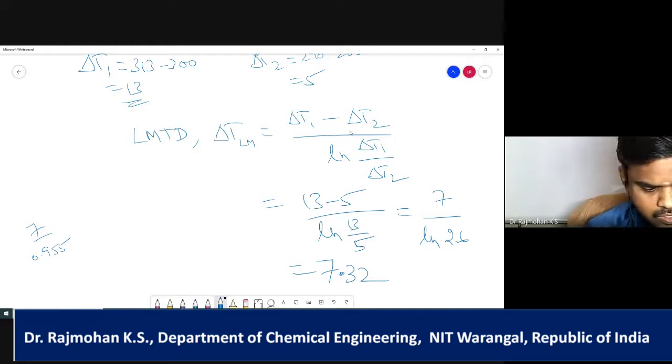Okay, so maximum 7.33. So this many Kelvin is what we get as LMTD.